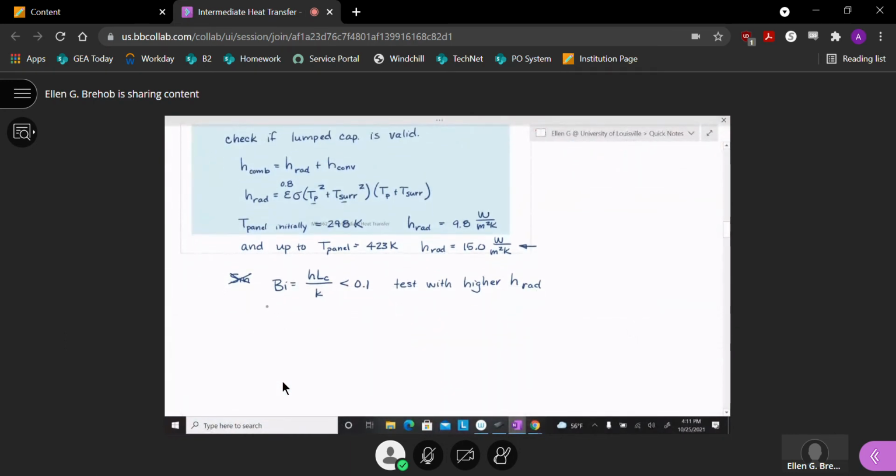Okay. So what do I have to do? I really want to put h_combined in here. So that's h convection plus h_rad, and convection was 40 watts per meter squared Kelvin. Okay.